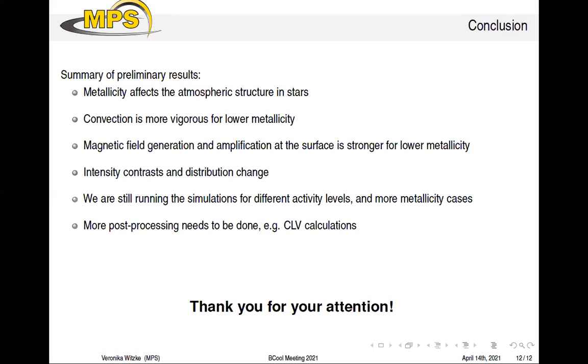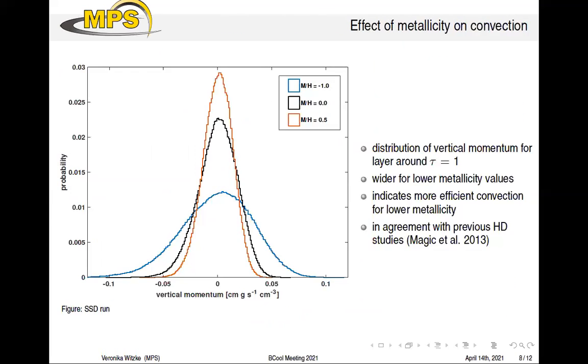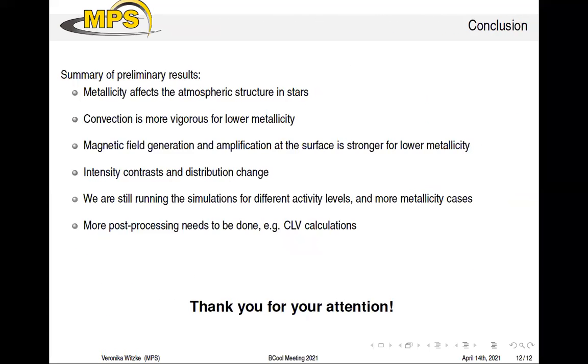And now I remember what I actually wanted to point out in this slide. My calculations are in non-gray already, which is also important for the intensity distributions. Sorry about that. Thank you very much, and I'm happy to take questions.